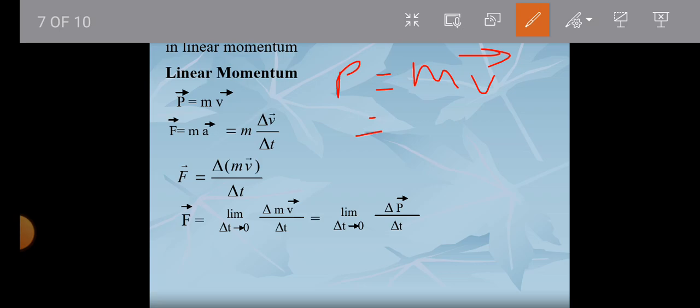What is acceleration? Acceleration is change in velocity over time. That is our acceleration. It's change in velocity over what?